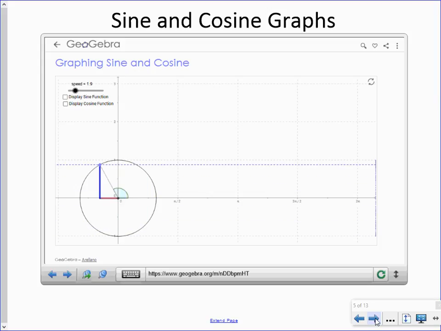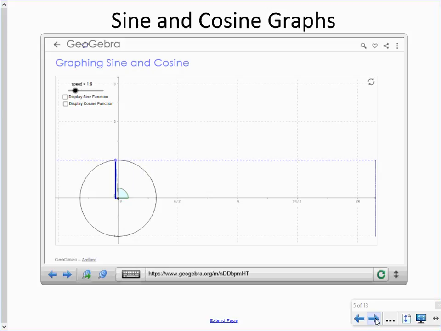And what this applet is going to do for us is graph the function y equals sine of x. So, well, we know 0, pi over 6, pi over 4, pi over 3, and we would have gaps in between. This is going to graph all the things in between.